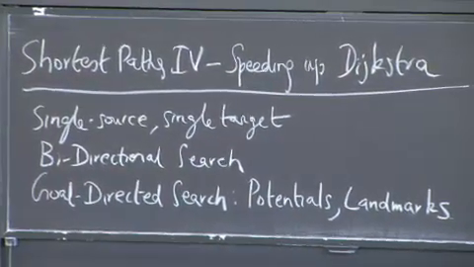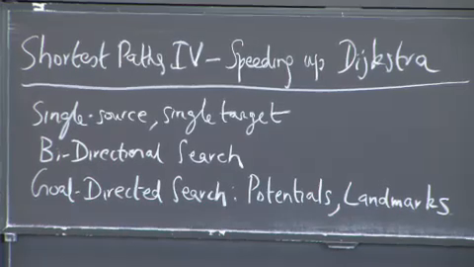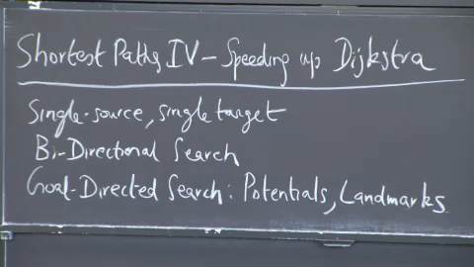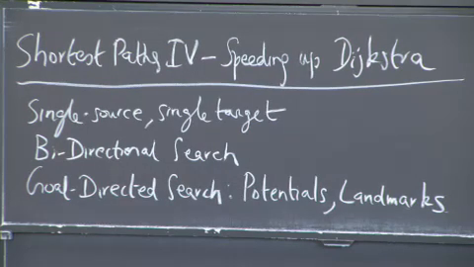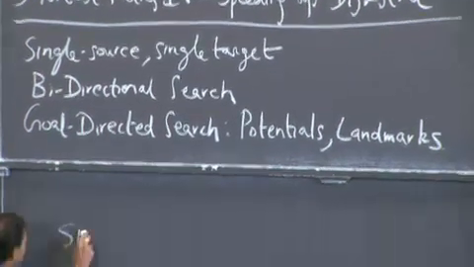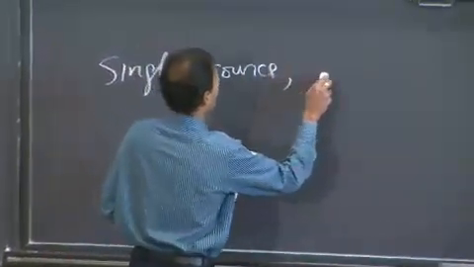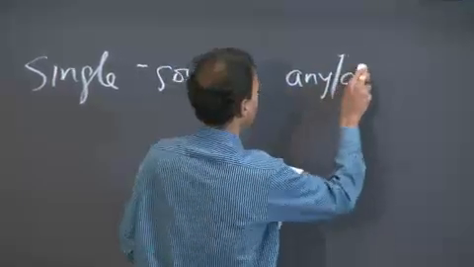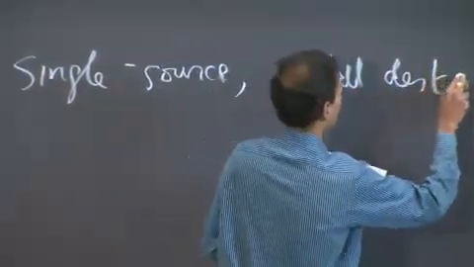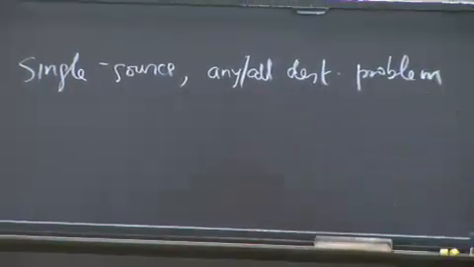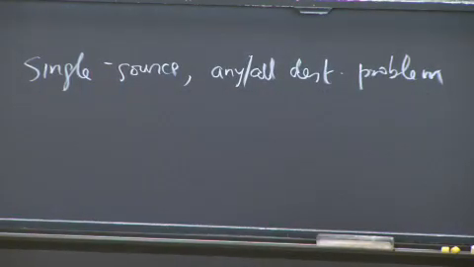You can optimize Dijkstra when you're looking for a single target. Implicitly, we've assumed that we're solving the single source, any or all destination problem when we've looked at the original Dijkstra algorithm and the Bellman-Ford algorithm.